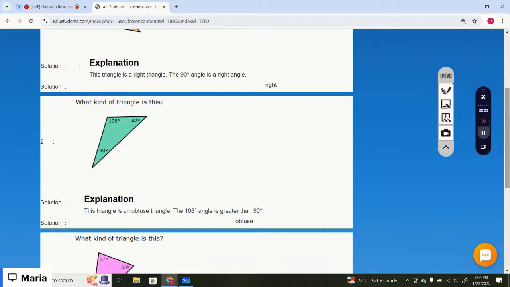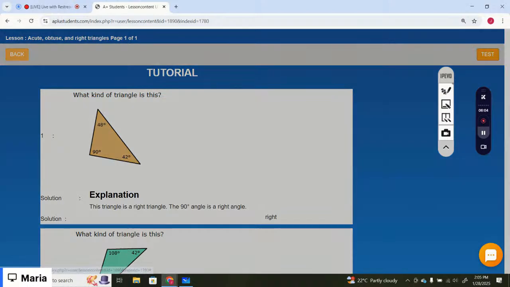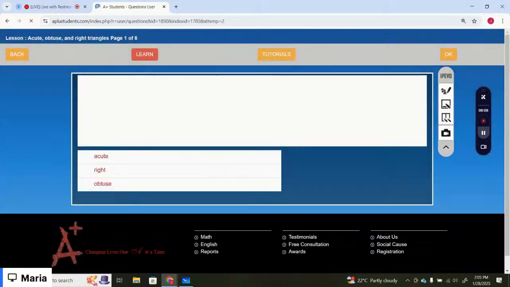Let's start with the test questions. What kind of triangle is this?